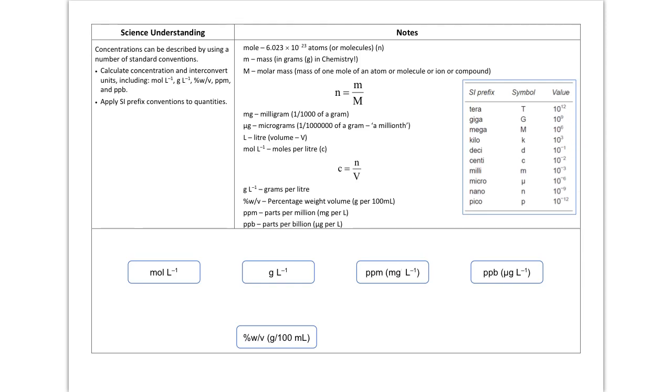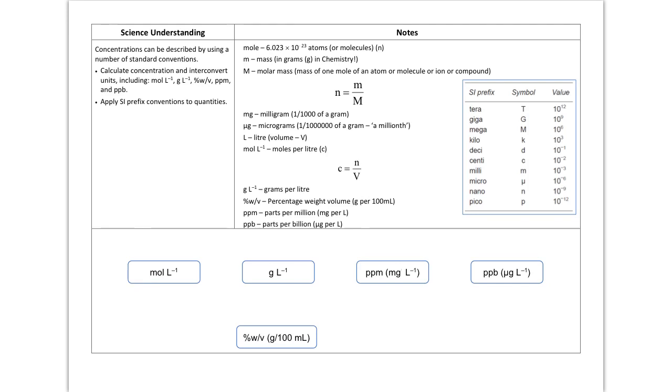So going back to the concentration information, we'll start off with talking about what is a mole. And a mole is, 1 mole is equal to 6.023 times 10 to the 23 atoms or molecules or particles, whatever we want to say.